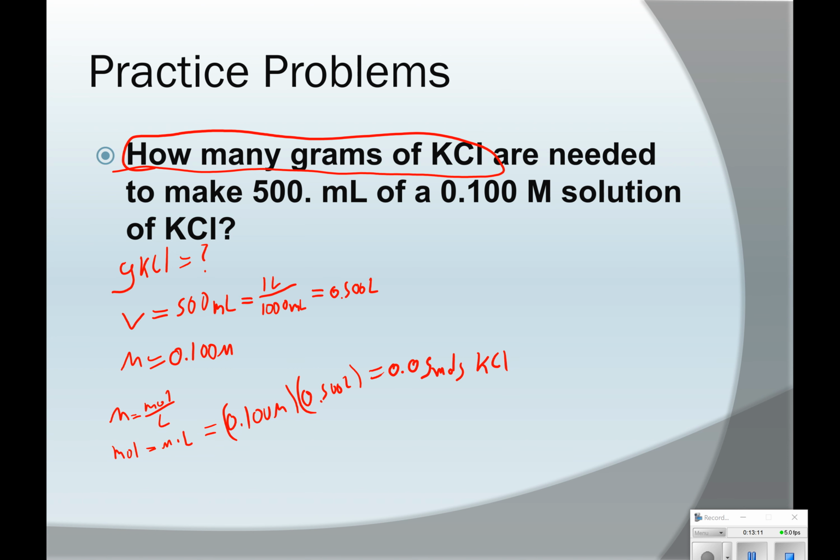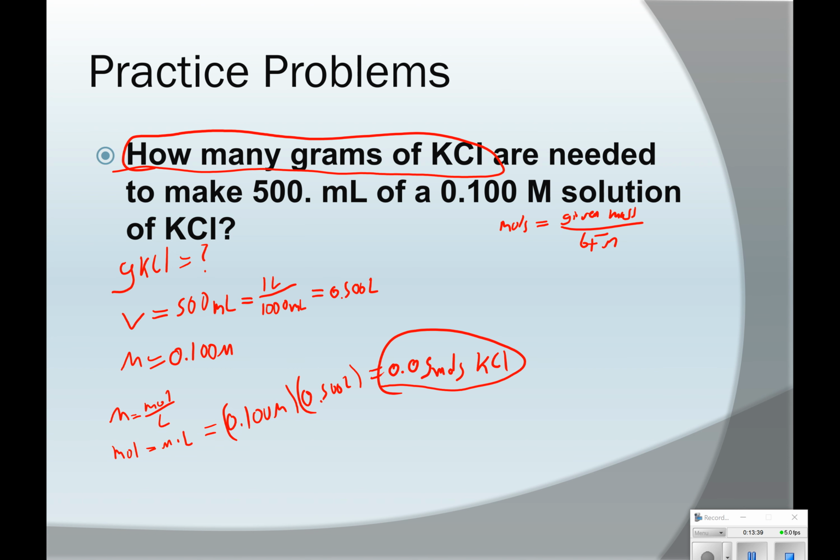Now, in order for this to work, see if I can pull this up here. We need to now convert this into grams of KCl. So we know that the number of moles is equal to a given mass over the gram formula mass.